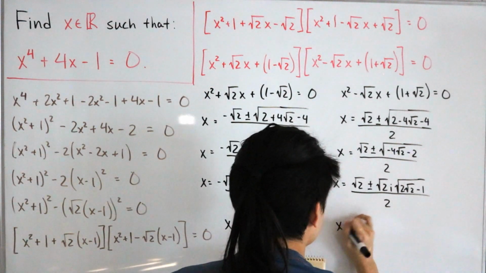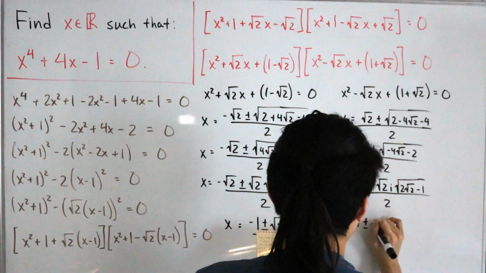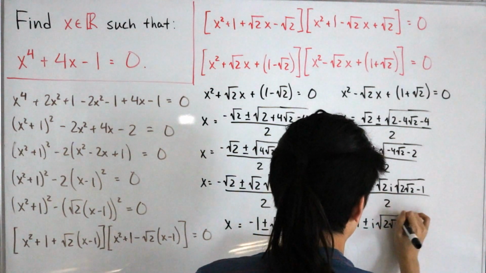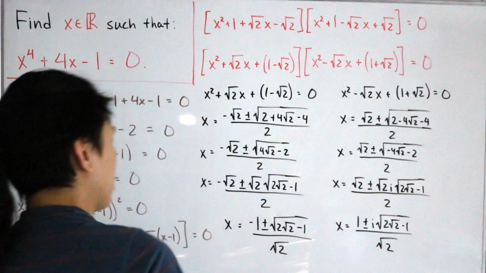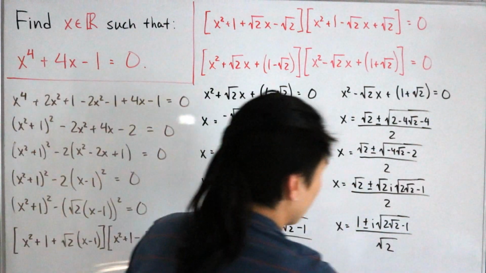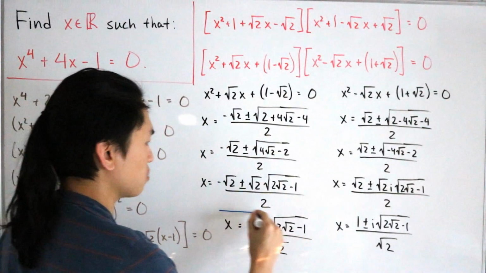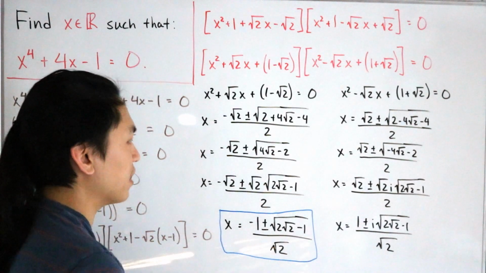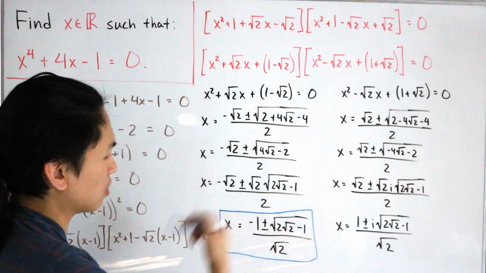So we have that x is equal to 1 plus or minus i times the square root of 2 times the square root of 2, subtract 1, divided by the square root of 2. And so just like that, we have found our real solutions, and the only real solution that satisfies this is just this part, the negative 1 plus or minus the square root of 2 times the square root of 2 minus 1, divided by the square root of 2.